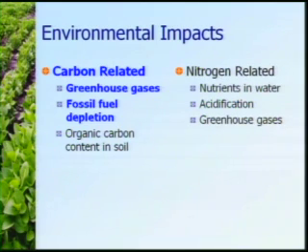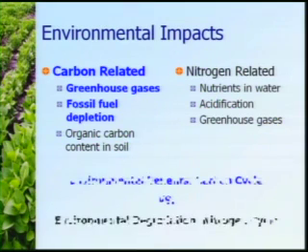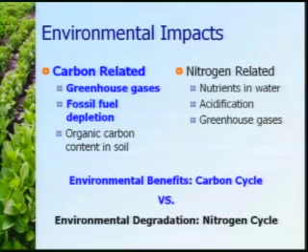And we also have all of the nitrogen-related impacts, our detriments: nutrients in groundwater, acidification, and greenhouse gases. So we end up with environmental benefits that are largely related to the carbon cycling compared to the environmental detriments that are largely related to the nitrogen cycling. And how do we balance these positives and negatives?